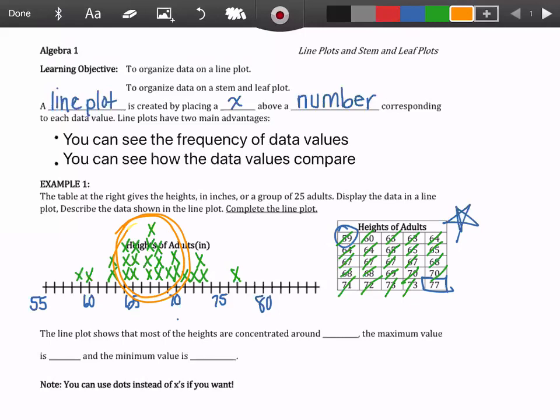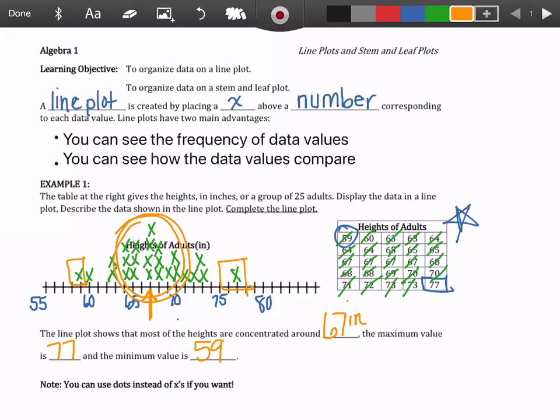So they are concentrated around the height of 67 inches. If you look at where we have the most, that's 67 right there. And then the maximum value, that's 77, which you can find with the last X on our line plot. And then the minimum value is 59. That's the first X on our line plot.